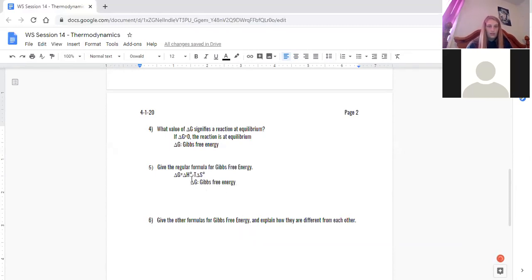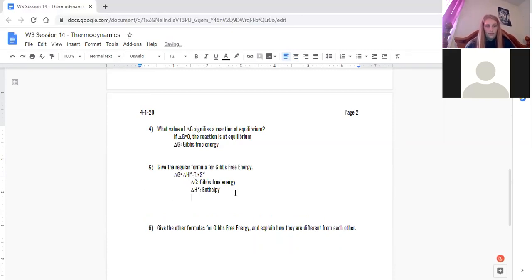The H naught here, that's our enthalpy. And T is our temperature in Kelvin.